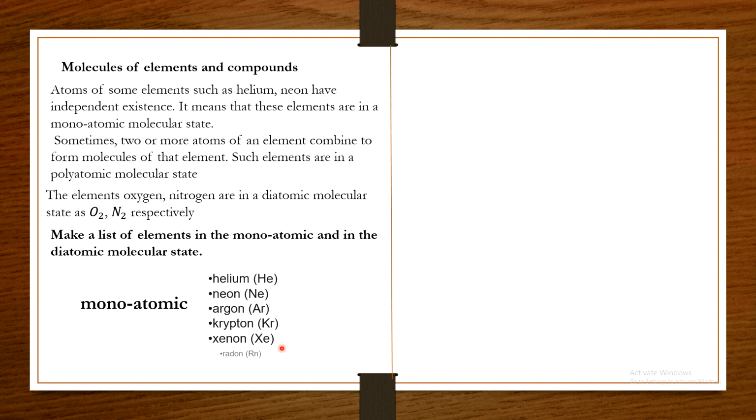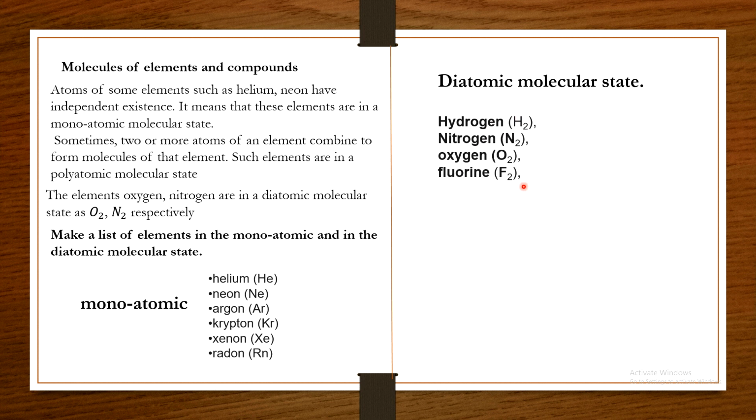And xenon, and Rn means radon. Now diatomic molecular state means two atoms of the element combine to form a molecule. For example, hydrogen H2, nitrogen N2, oxygen O2, fluorine F2, chlorine Cl2, iodine I2 and bromine Br2. So these are called diatomic molecular state.